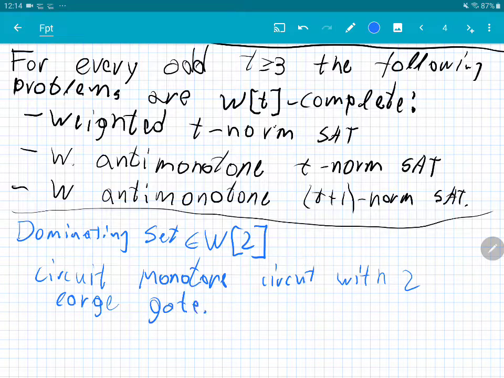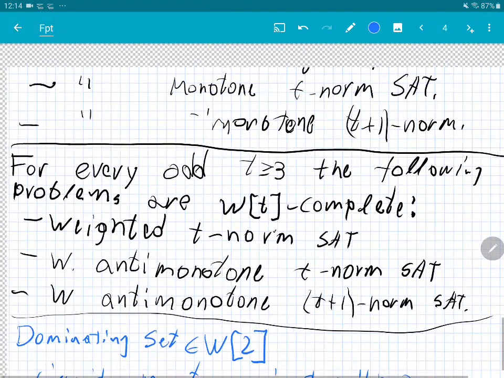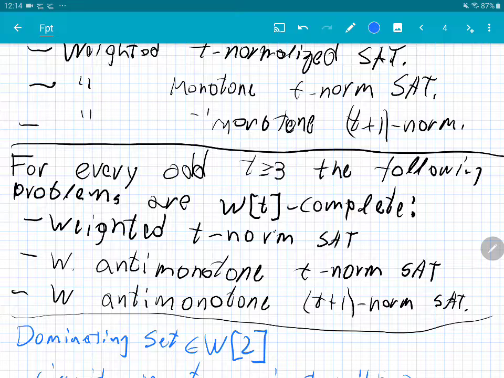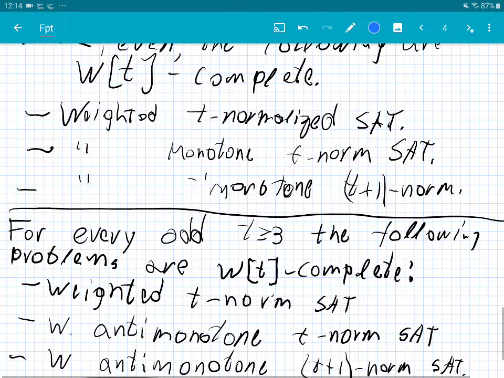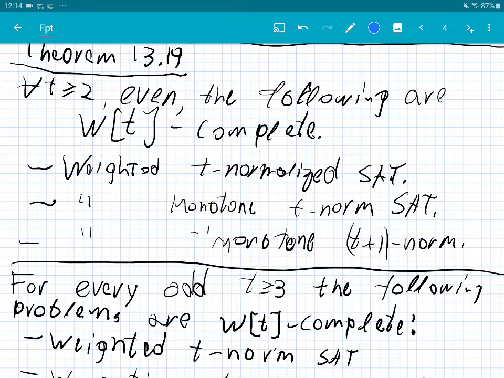So as such, this implies immediately that this problem is W2 complete because of this part of the theorem.